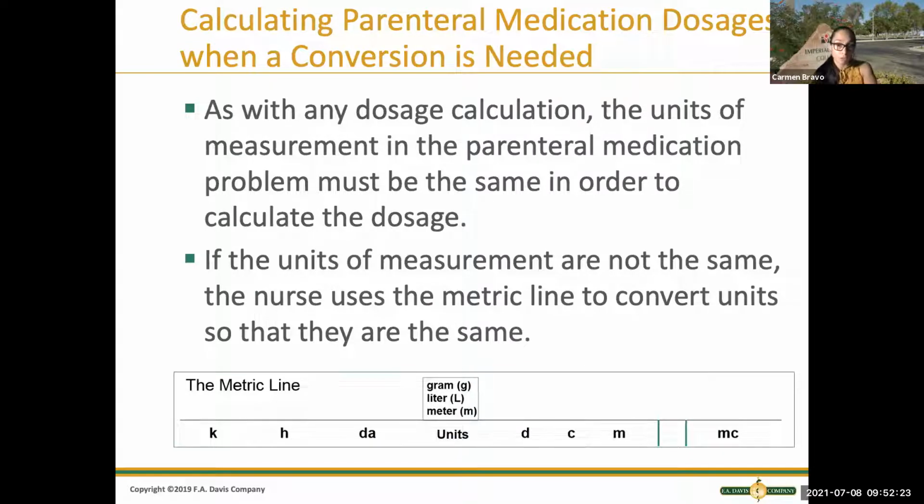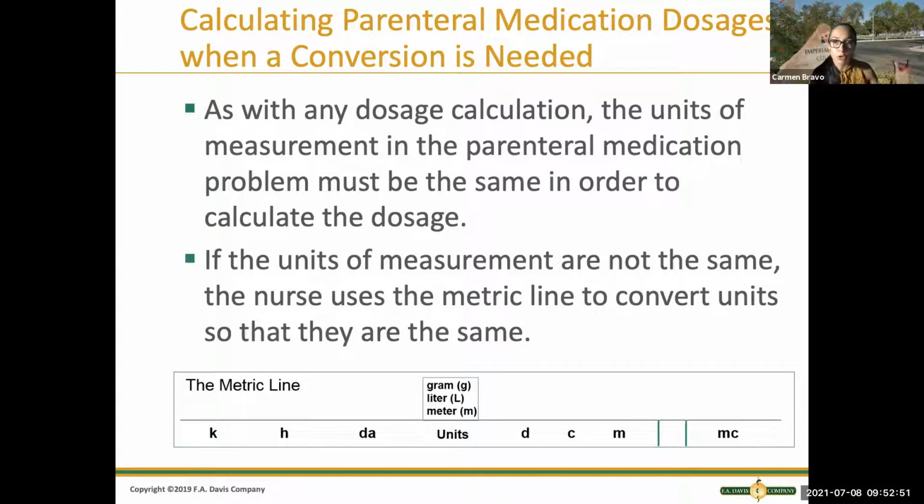Sometimes it comes in handy and it's super convenient to learn this metric line because it will save you so much trouble in converting. Not everything will fall in the metric line, okay, but it will definitely help you when you're dealing with orders that are like 0.05 grams or things like that.